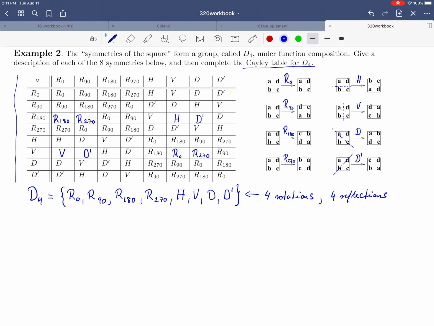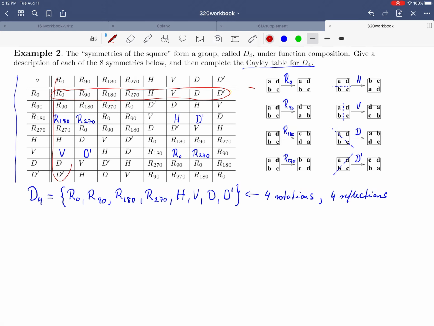One thing that you might have noticed looking at this table is that the first row is just a copy of our entries at the top. So it's just a copy of our list of group elements in the exact order. So we have R0, R90, R180, R270, and then we have our 4 reflections.